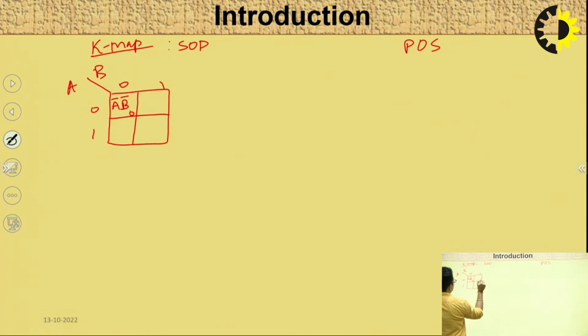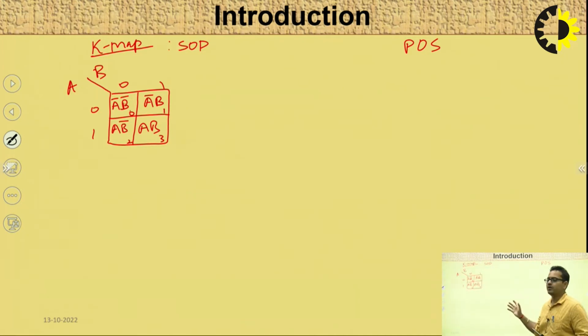Similarly, first row second column will be written as A bar B, decimal value 1, and this one is A B bar, whose decimal value will be 2, and the final one will be AB, whose decimal value will be 3. So in this way we have filled the cells of a K-map.